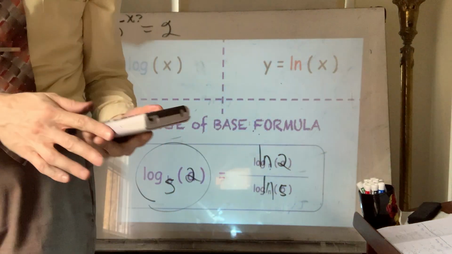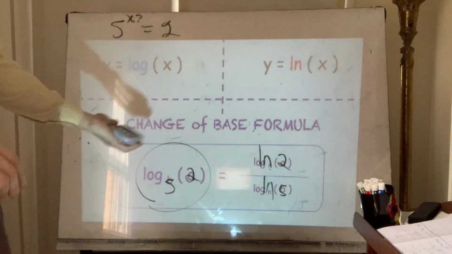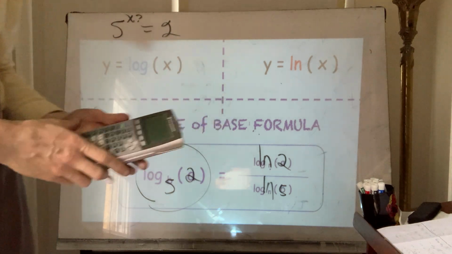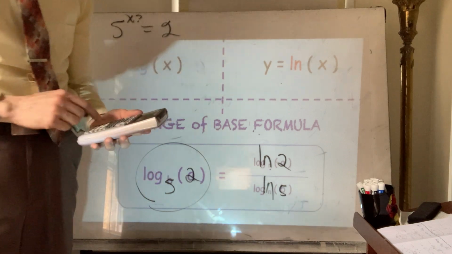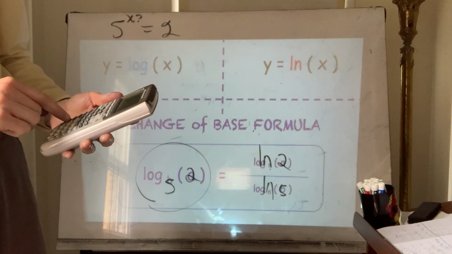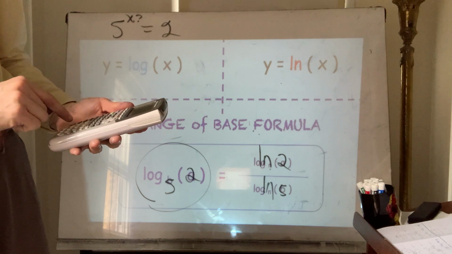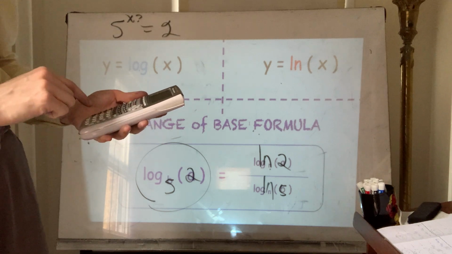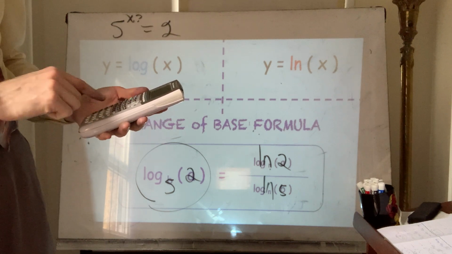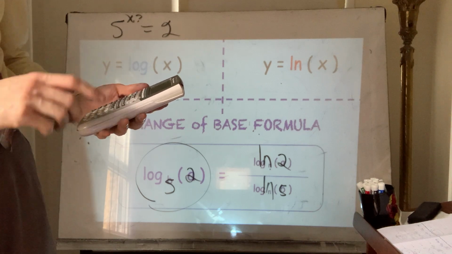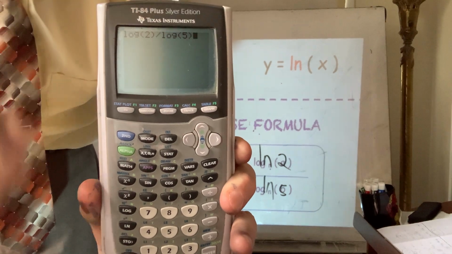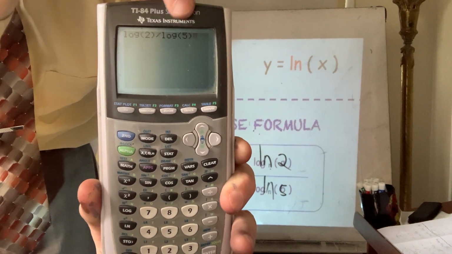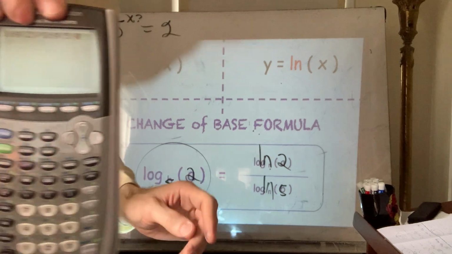If you take a calculator and incorporate the change of base formula to figure out what log base 5 of 2 would be, you would press log 2 divided by log 5. I'm just going to use common log over common log, but in this arrangement, the 2 on top and the 5 on bottom, because that's what the formula tells you.